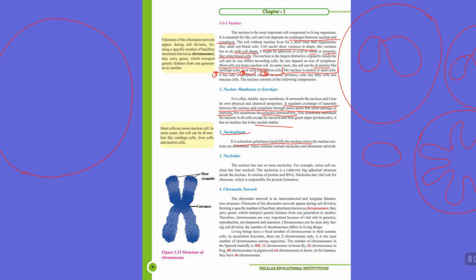Which other nuclear contents are distributed? What are these nuclear contents? They are nucleolus and chromatin network. So the nucleus has one or more nucleolus.